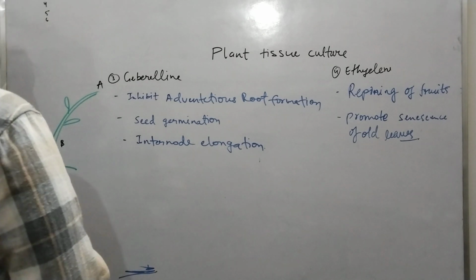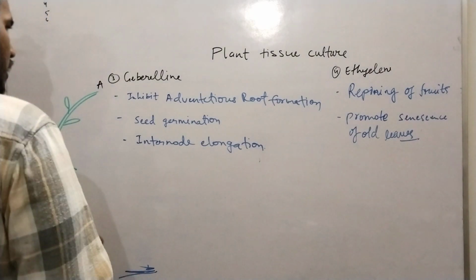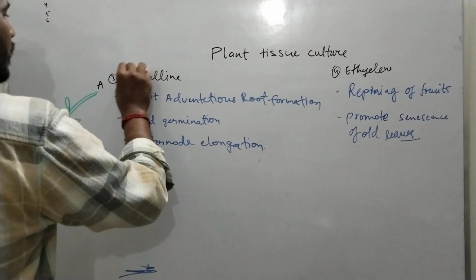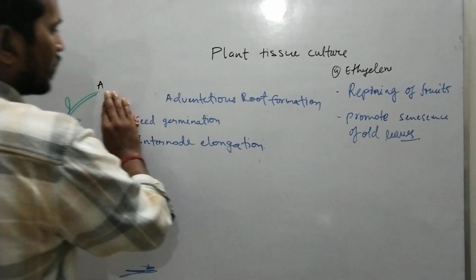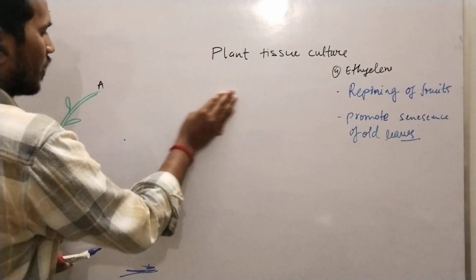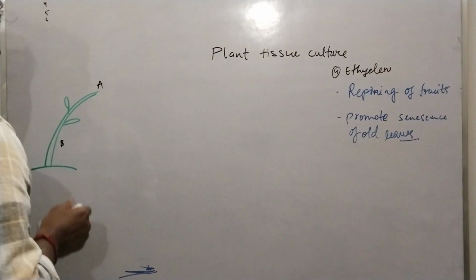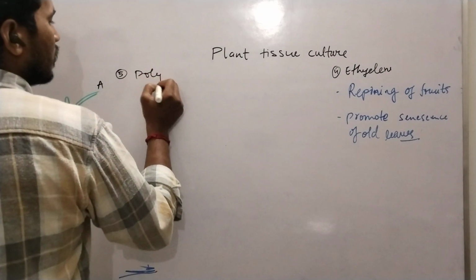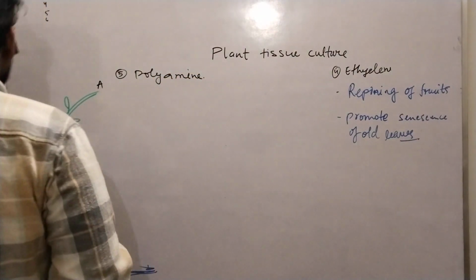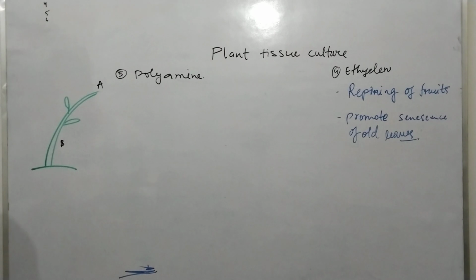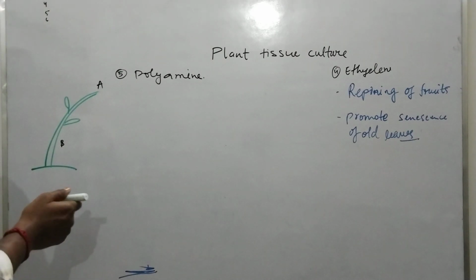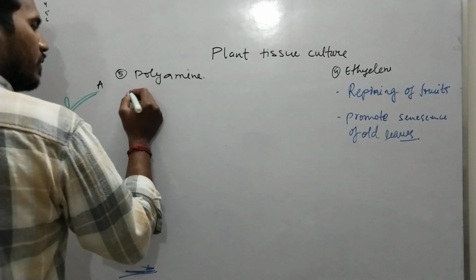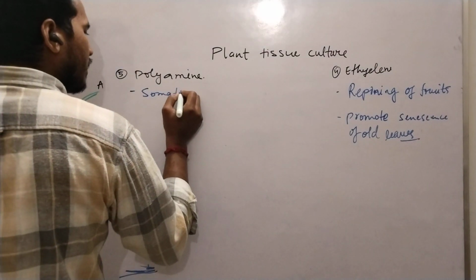Next will be jasmonic acid and the polyamines. Fifth is polyamines. Polyamines are very important because they help in somatic embryogenesis and promotion of adventitious root.